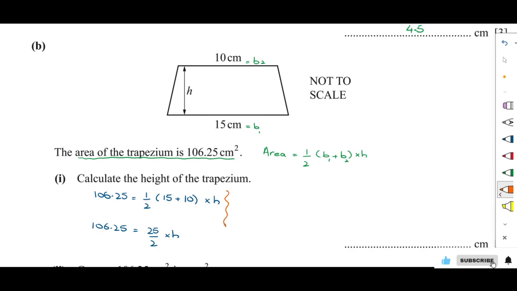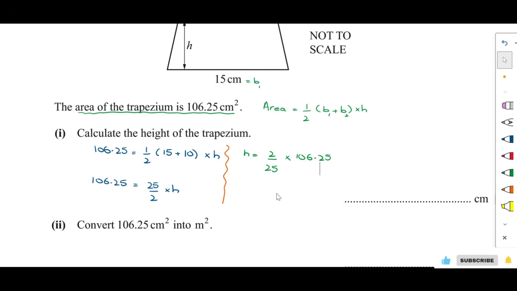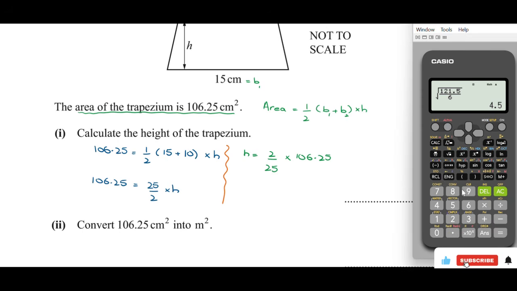We need to solve for the height. So the height would be multiplied by 2 and divided by 25. 2 over 25 times 106.25. That would be the height of this trapezium. Let me calculate this.